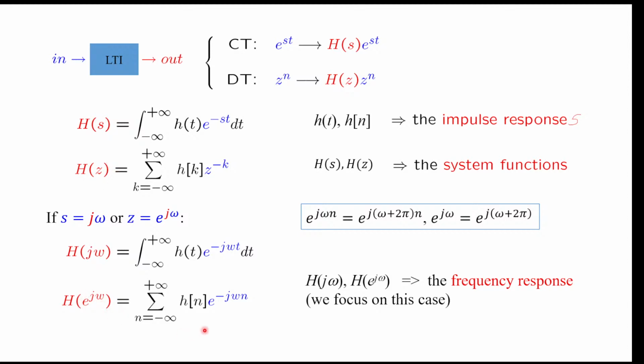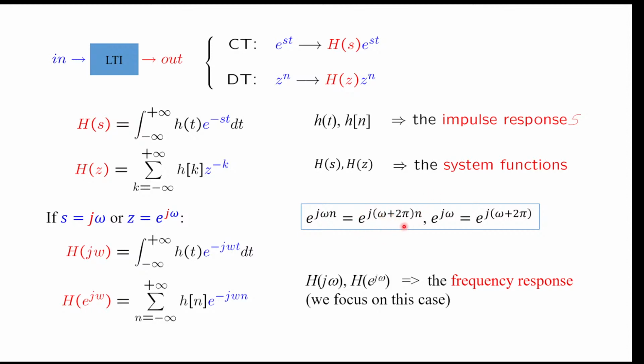Now we can see why we want to talk about this z instead of just talking about s. Remember that in the current case we have periodicity with period 2 pi in our frequency omega. So e to the j omega n equals e to the j (omega plus 2 pi) n.